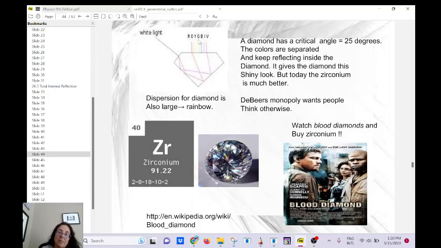Here you have a pink diamond, a blue diamond, and the other thing is that you have a large dispersion. If you just have glass, you can have a small rainbow, but for diamond the difference between red and blue for the refraction will be very large. And of course, it's recommended to buy zirconium because you don't know where the diamond comes from. But that's a parenthesis.